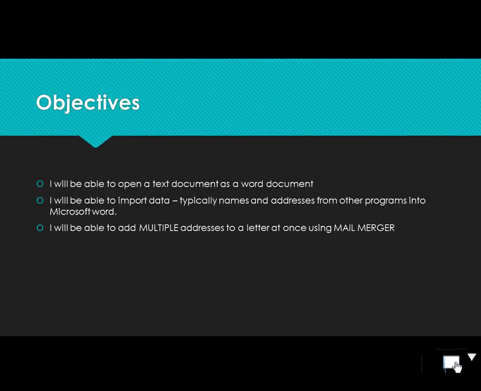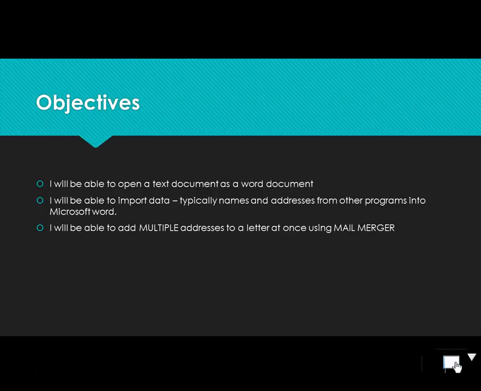Right, so the objectives for this series is that you'll be able to open a text document as a Word document. You will also have to manipulate the letter, tidy it up a little, sort out the grammatical errors. As I've said from my very first lecture, the information is always given to you as a text file.